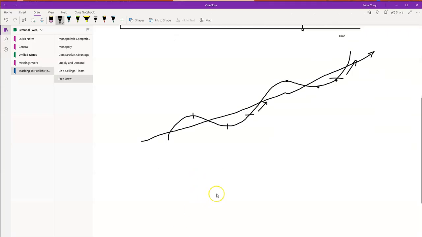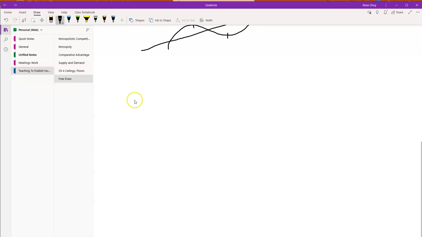All right, let's talk a little bit about the difference between intermediate and final. So let's say that we talk about the different stages of production for a shirt. At the beginning of the production of a shirt, for example, we have cotton that needs to be produced. So let's say that we have a cotton farmer at the bottom of the production.